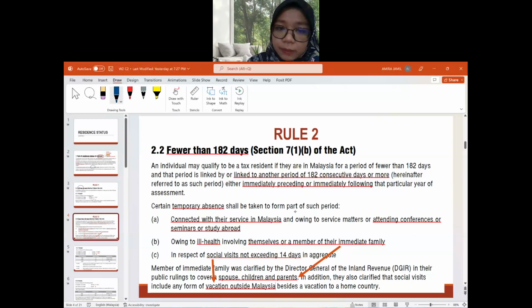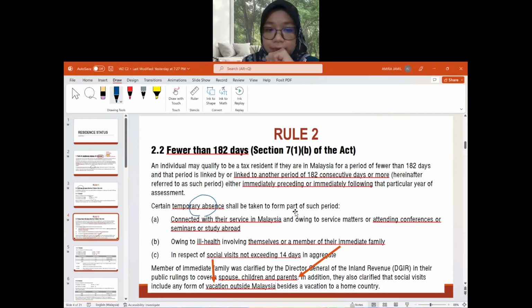For the temporary absence, they can be absent from Malaysia, they can go overseas. The temporary absence counts if it is connected with their service, for example a business meeting in Singapore or India, related to their employment in Malaysia, or attending a conference or seminar, or studying abroad, because of the employment.